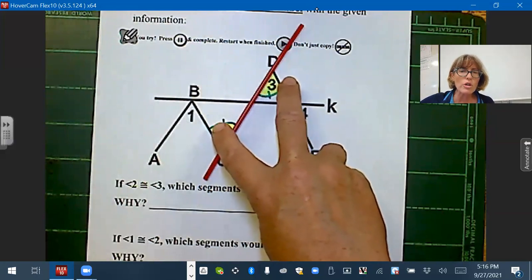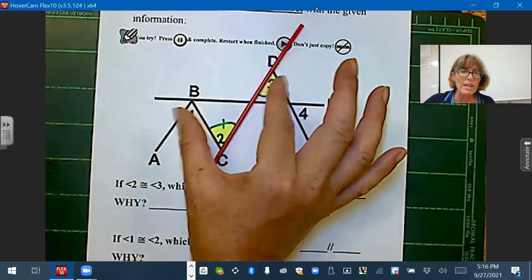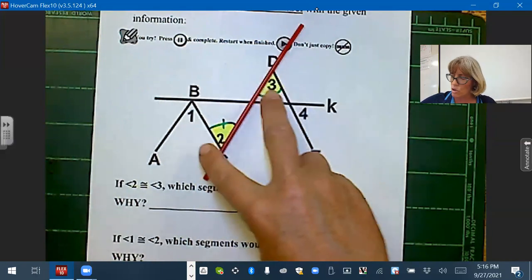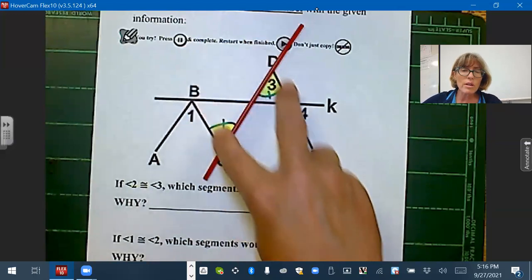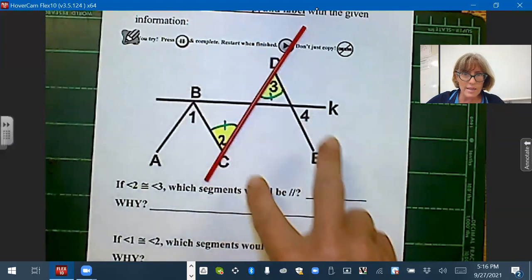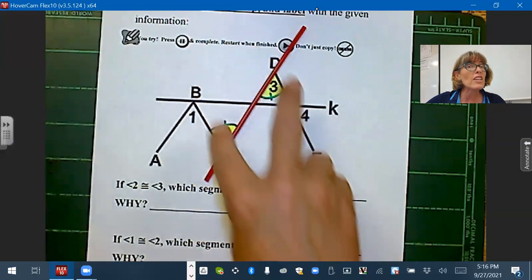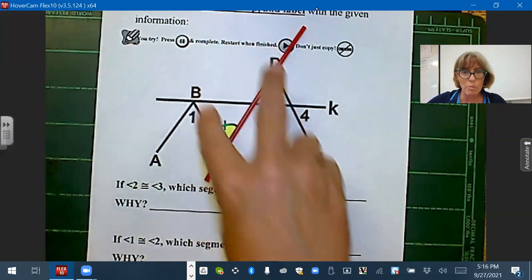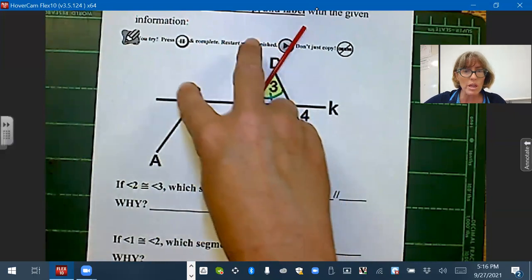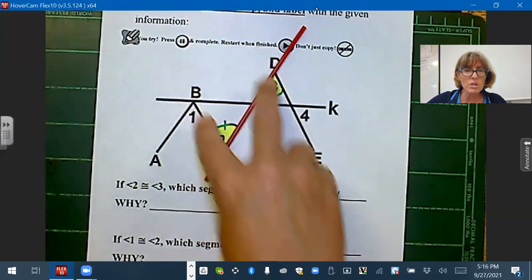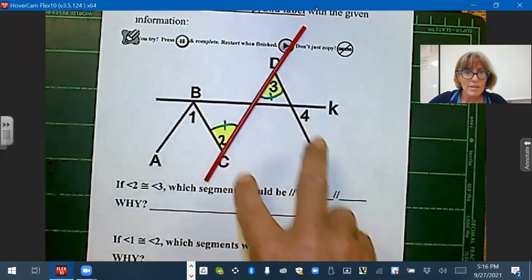Those are alternate interior. They're between the lines, opposite sides of the stir stick. Look at my fingers. If 2 and 3 are congruent, these are the lines that must be parallel, even if they don't look like it. That's super important. Touch 2 and 3. Watch my fingers. Do the same thing with me.